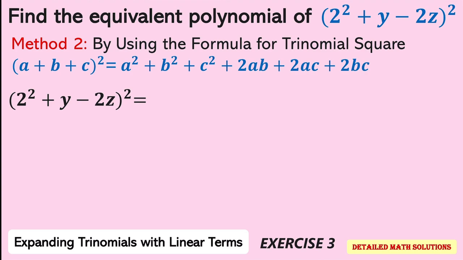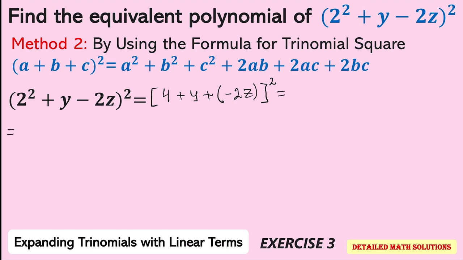The second method to solve this exercise is by using the formula for trinomial square (a + b + c) squared. In order for me to use this formula, I need to write the trinomial (4 + y − 2z) squared as [4 + y + (−2z)] squared.